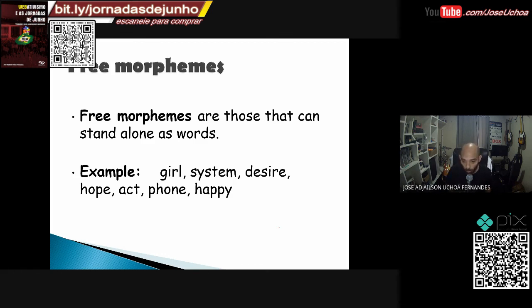Or system, we have systematic, systemic, or systematically. Okay, system is a morph and the root, and system has a meaning on its own. Desire, we can derive into desirable or desirability, but desire is a morph and a word.